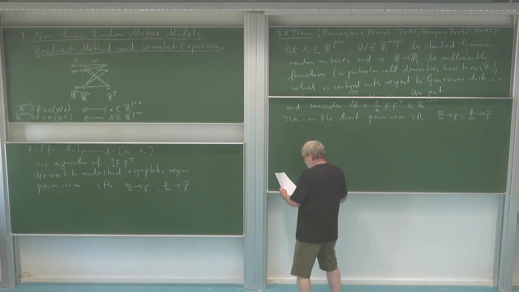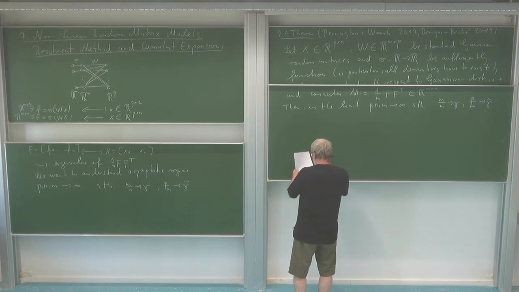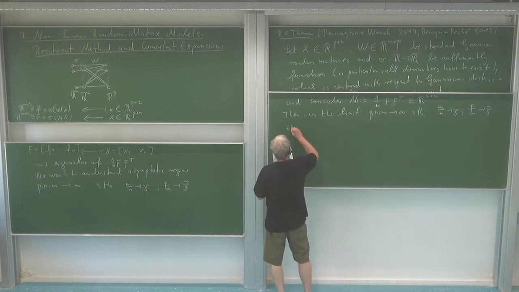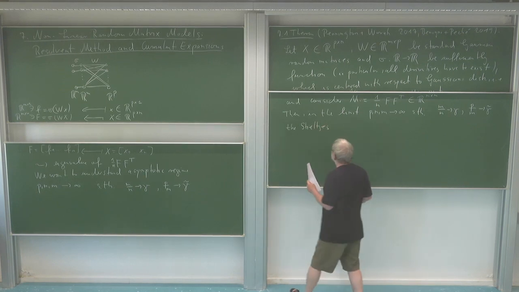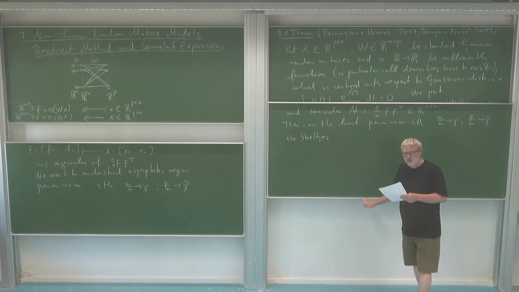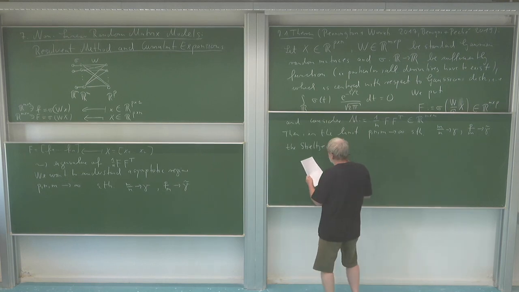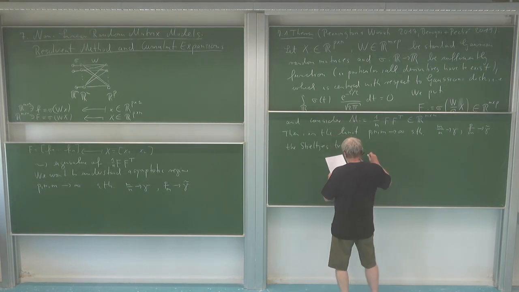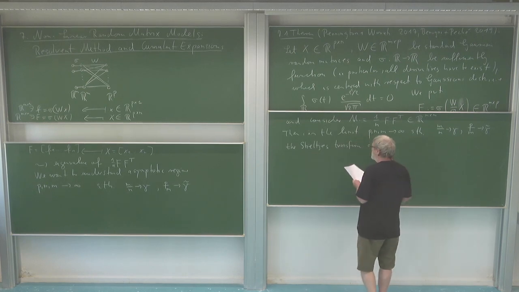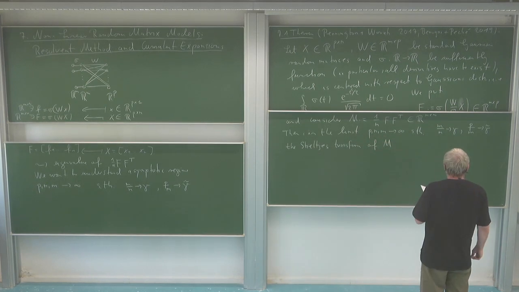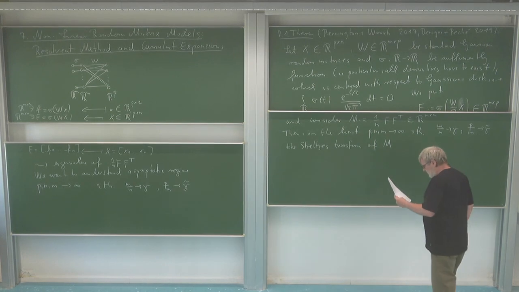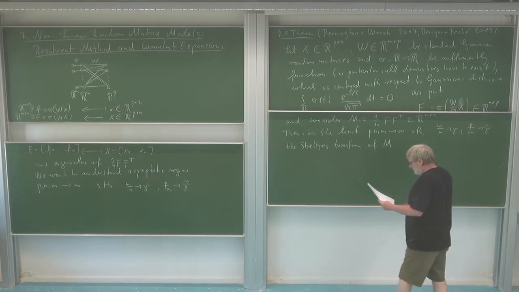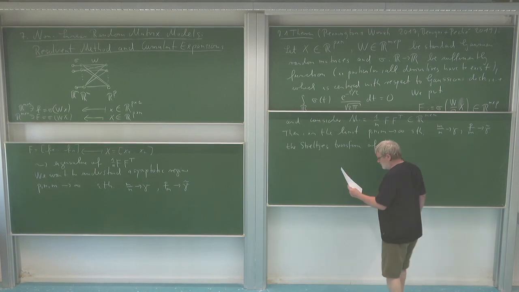Okay. So in this limit, the Stieltjes transform, that's our favorite tool for dealing with distributions, of this matrix M. So M is an orthogonal matrix, so it has an eigenvalue distribution on the reals.